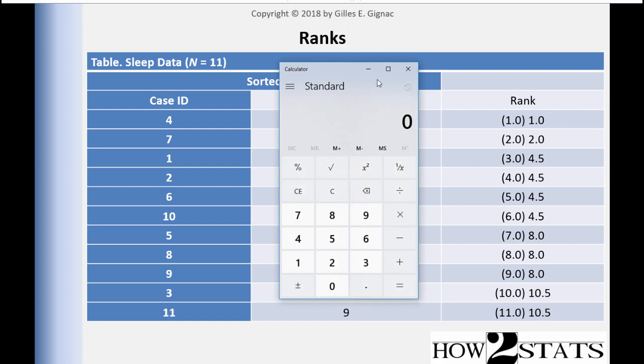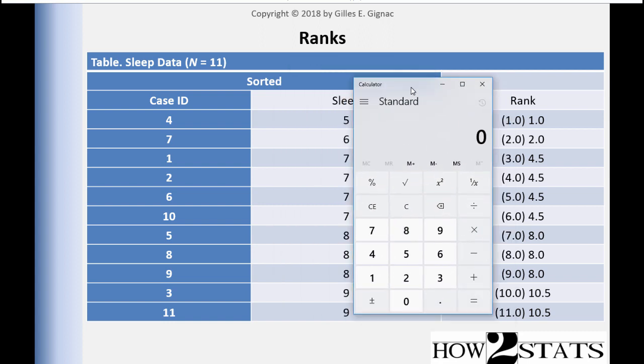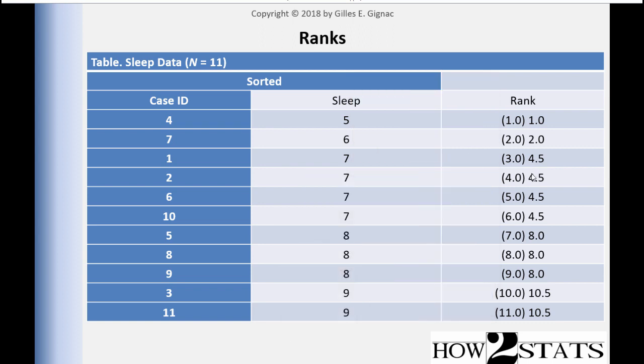So I'll show you exactly what that means. In this case, 4 people reported 7. And I've got ranks of 3, 4, 5, 6. So I'm going to go 3 plus 4 plus 5 plus 6, and I'm going to divide that by 4, which is the number of people who reported 7. And I get an average rank of 4.5. And so that's why I gave these people all a 4.5.